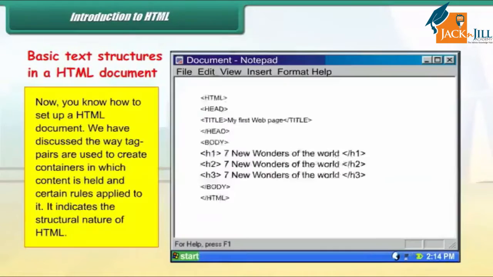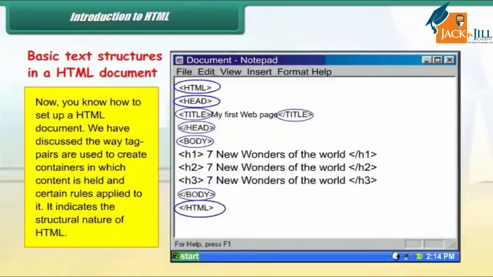Basic text structures in an HTML document. Now you know how to set up an HTML document. We have discussed the way tag pairs are used to create containers in which content is held and certain rules apply to it.